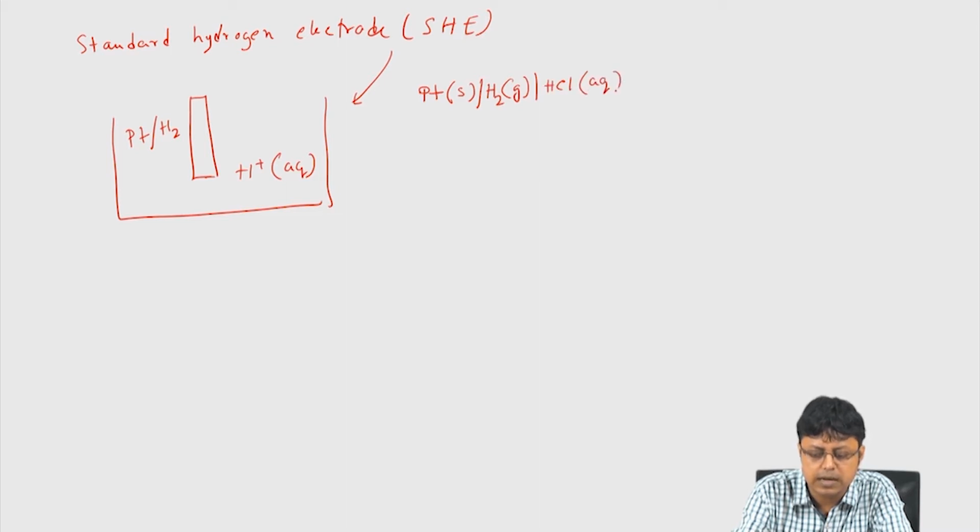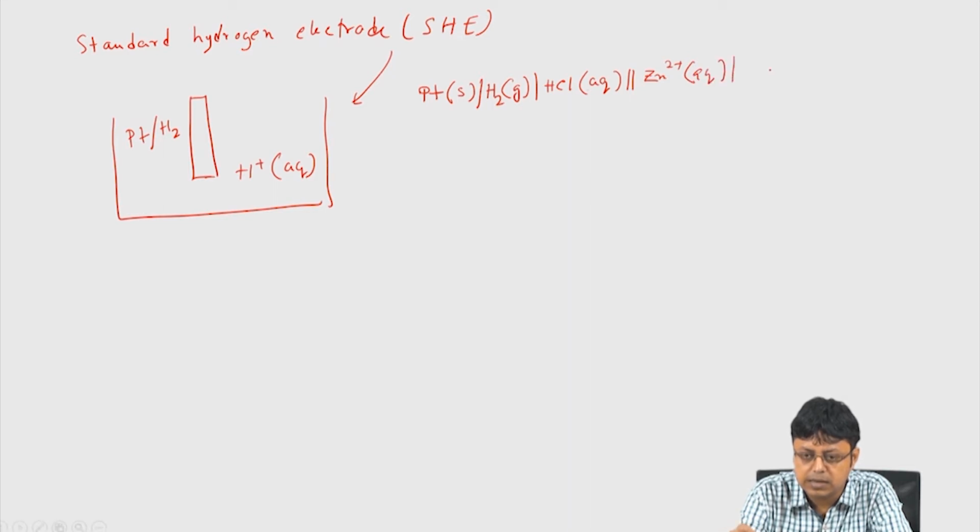We could also write H plus aqueous, and then we connect this to some reference thing. Suppose we are writing it as say the zinc electrode, for example. So, here the zinc will always be considered as the right, whichever electrode we want to measure the electromotive force of has to be always written as right, because we will take right minus left, and whatever we get we will take it to be 0. We are coming to what that 0 means.